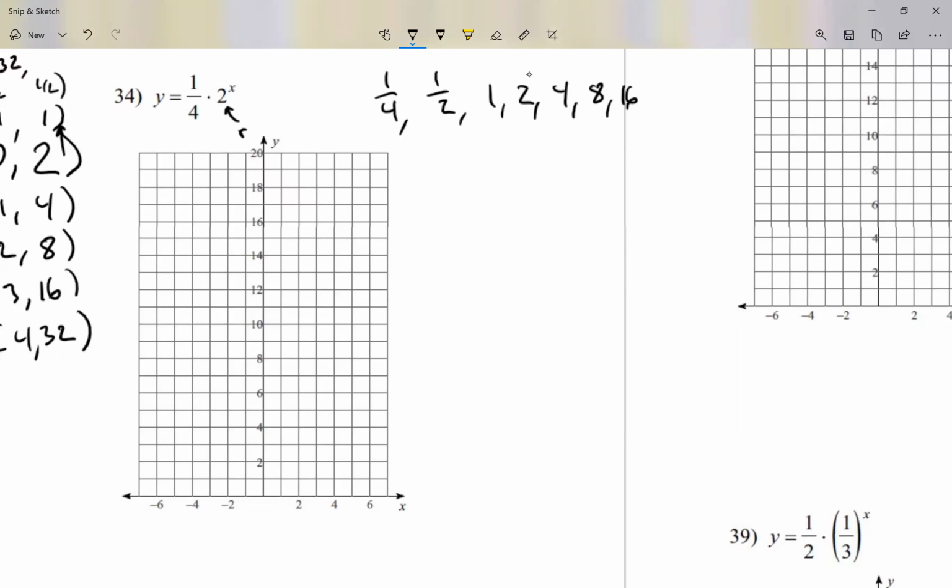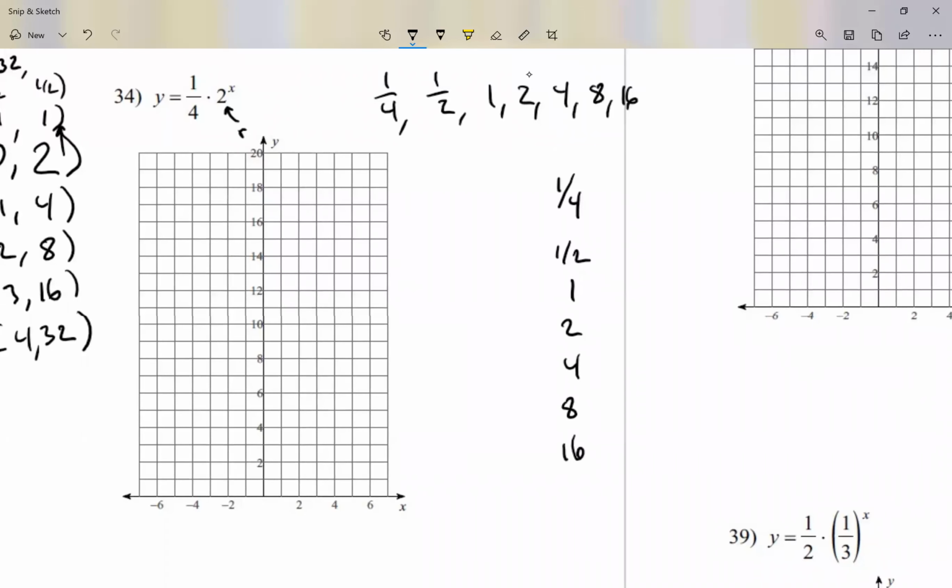I can continue with my list as far as I want to, but I think I have enough points. My first y value is 1/4. My second y value, notice I'm writing my list going down, 1/2. My next numbers were 1, 2, 4, 8, 16. So notice I have my list going down.